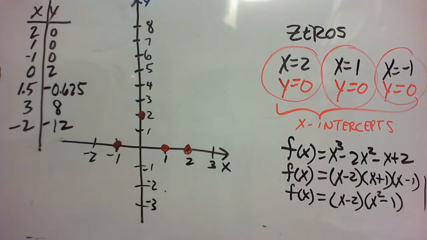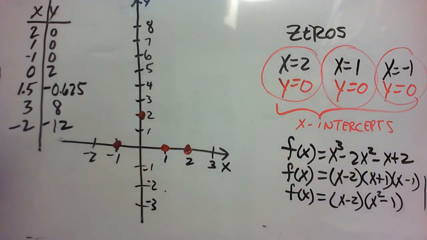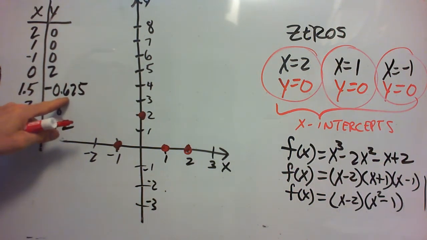So when we plug in those values, 1.5, we could either use the top form or the factored form. I did it both ways. I got negative 0.625, which actually corresponds to some fraction, but you don't want to do all those fractions. Just get out the calculator and calculate it out.